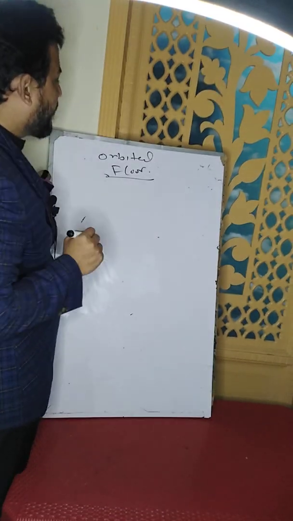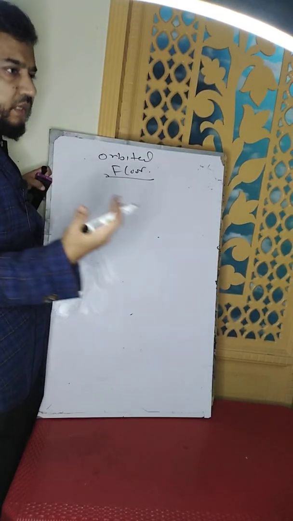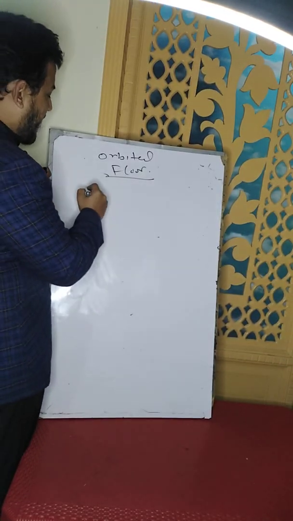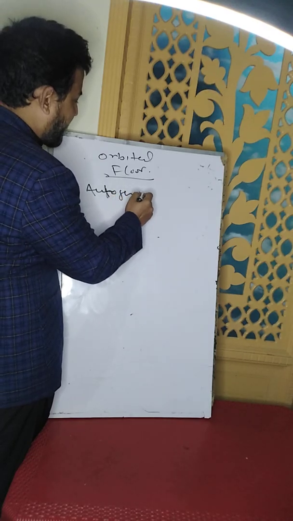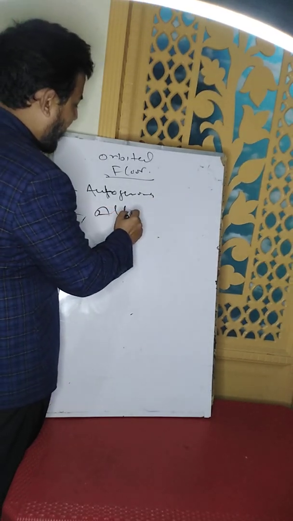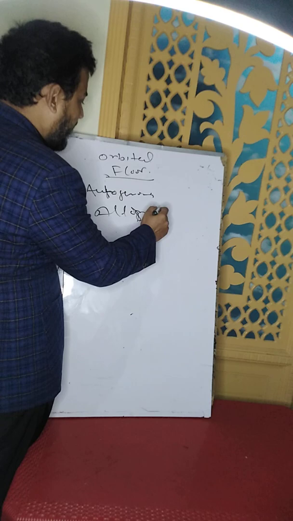When we have to reconstruct the orbital floor, we definitely have to go for either an autogenous graft or an allograft.